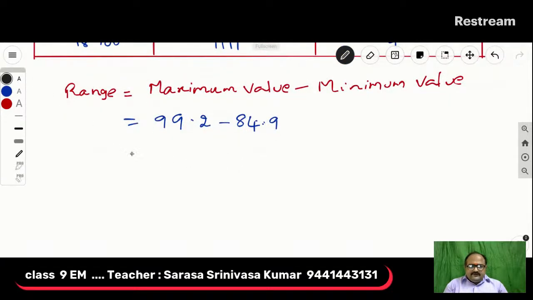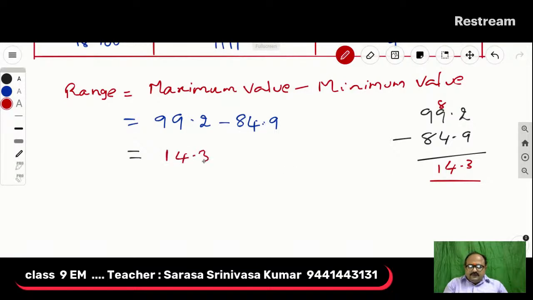So the difference is 99.2 minus 84.9. So we write here 3. So this becomes 8. 8 minus 4, 4. 9 minus 8, 1. So 14.3. This is 14.3.